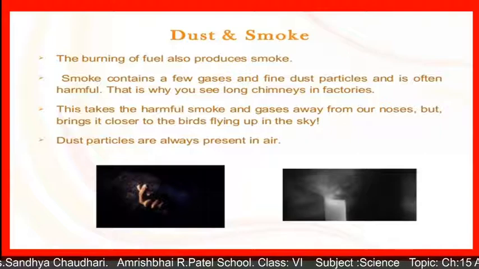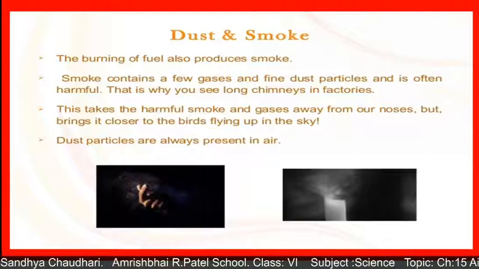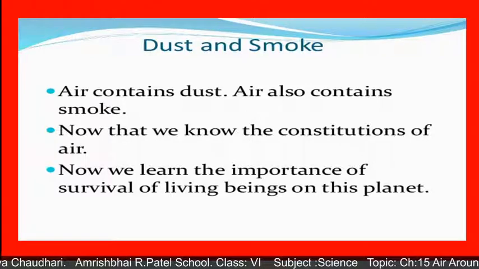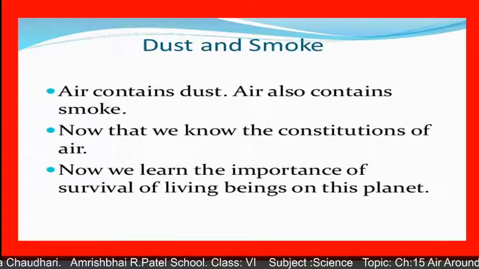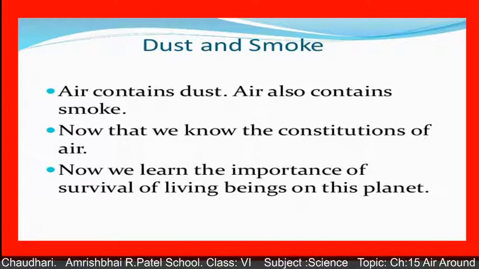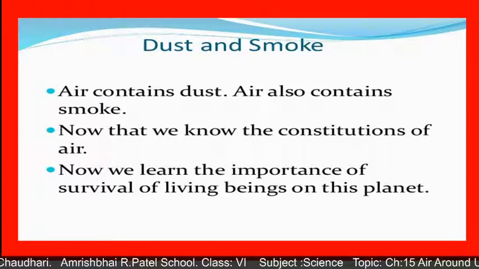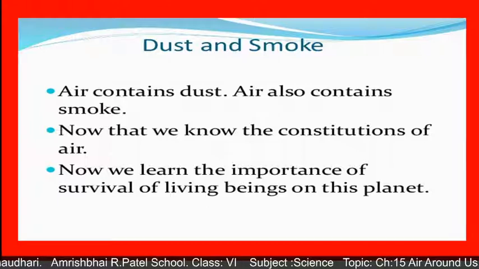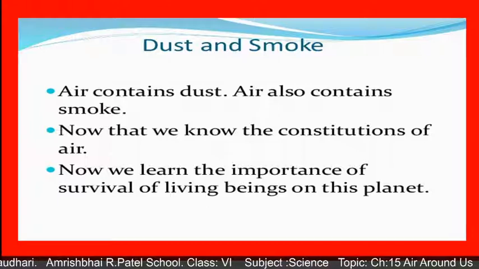Dust particles are always present in air. Air contains dust and it also contains smoke. Now that we know the constituents of air, we learn the importance of survival of living beings on this planet.